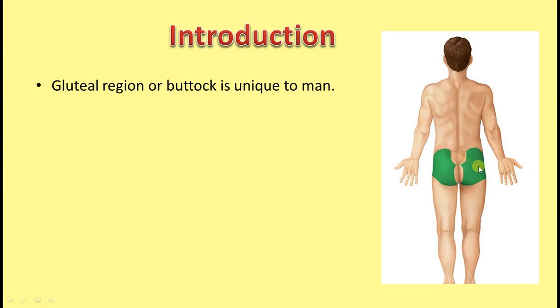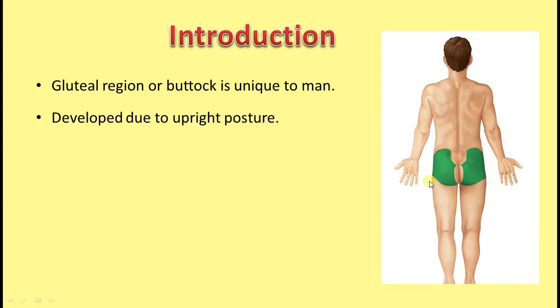One is because we have acquired erect posture, and second one is because we have bipedal type of locomotion. So because of bipedal locomotion and the erect posture in man, what happens is the gluteal region or the buttock region, where we have massive gluteal muscles and abundant fat.